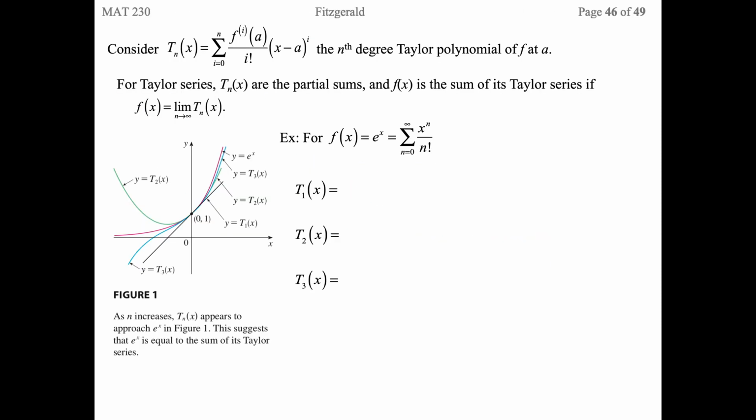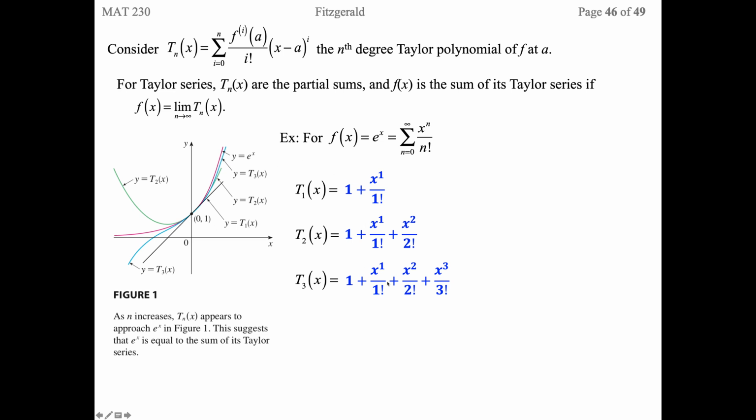All right, so if we start to look at our function y equals e to the x in red, and we start listing out our partial sums, if you will, here is t sub 1, which is this line, which kind of overlaps it for a small brief period. But the more partial sums we have, the closer our curve is coming to the red line. So here's t sub 3, which is getting closer and closer for this period of time.